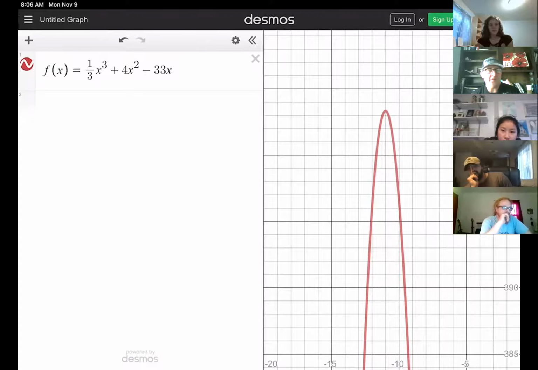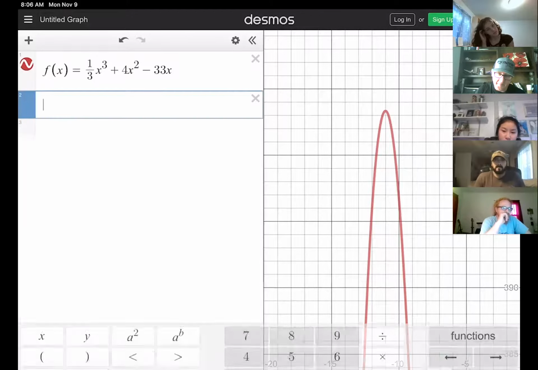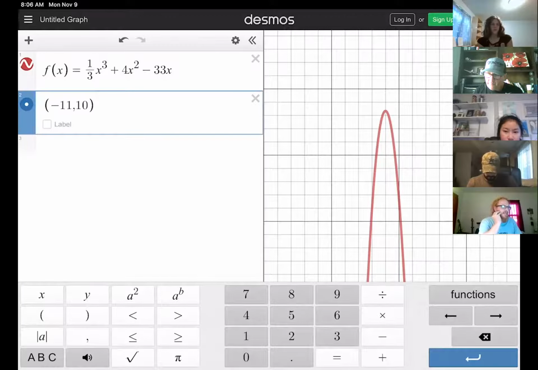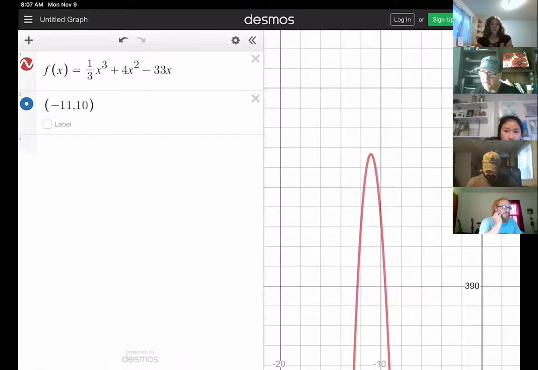So remember, notice the y coordinate wasn't part of this. So my points were -11, 10. And the point is, well, notice that's like -11, 400 or something, 402 or something like that. But notice the -11 part works. In other words, if you take the derivative of that equation, you really do get a zero slope at x is -11.